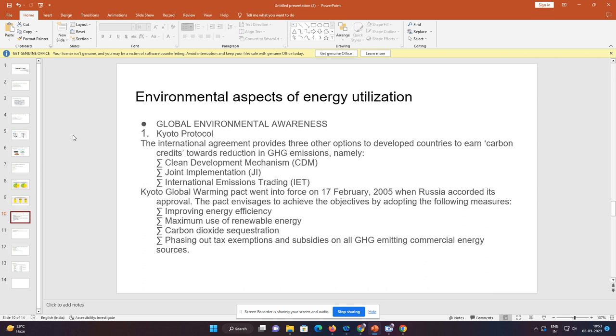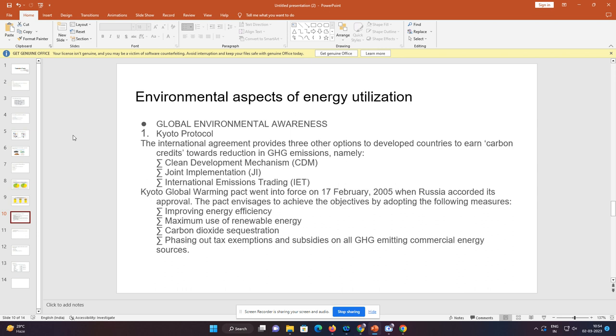In this one, the agreement intended to limit the world's carbon emission was signed by 84 countries in Japan in 1997. This protocol calls upon 38 developed countries to cut their greenhouse gas emissions between the years 2008 and 2012 to a level 5% lower than the level in the year 1990.